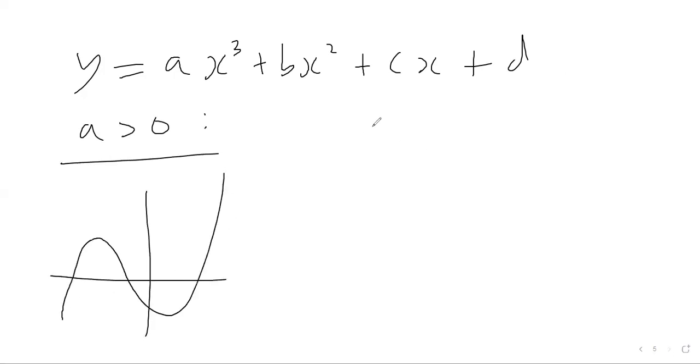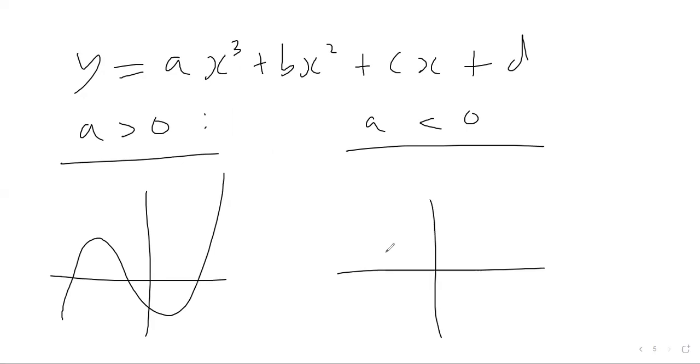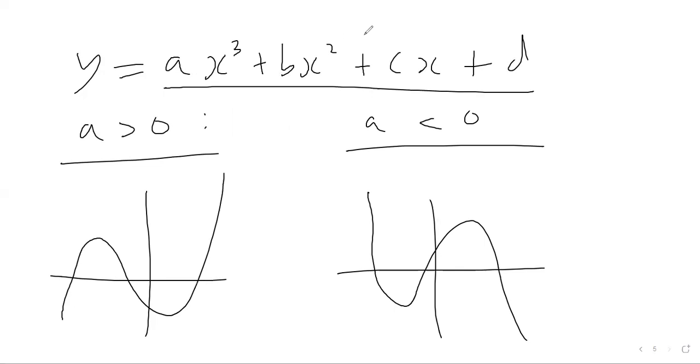When a is less than 0, you're going to get a negative cubic, so this graph flipped upside down, giving something more like this instead. So the reflection of a cubic like that would be your negative, if you have a negative a coefficient in front of your x cubed. That's something from GCSE just to bear in mind.